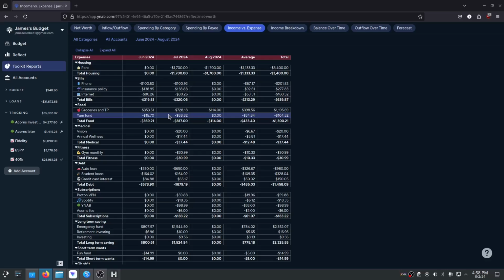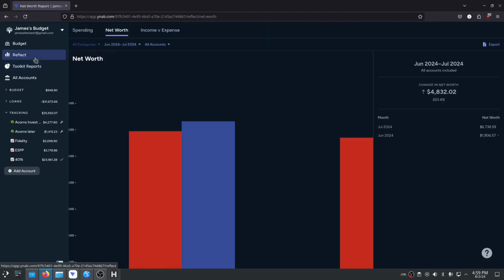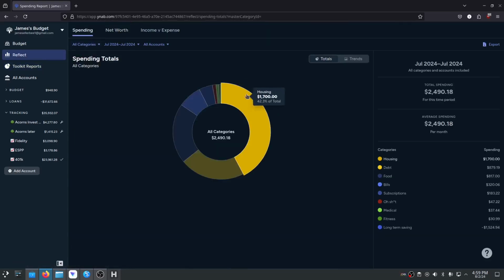Before I was budgeting, this number was something like 1,400, something like 30% of my spending. So yeah, very much an improvement over how I was previously handling my finances. And if I flip over, just for comparison, for percentage, I can see that food was 20% of the overall spending this month.